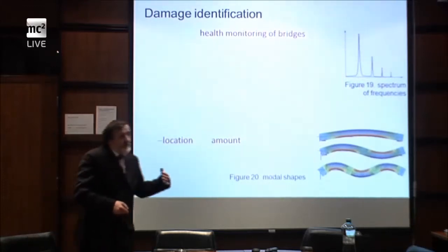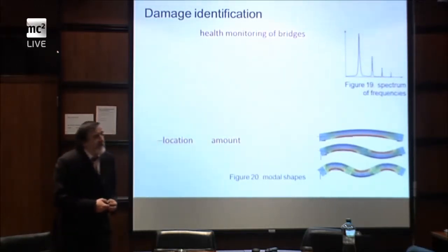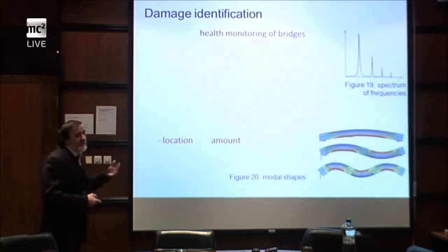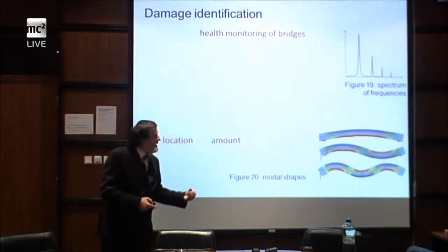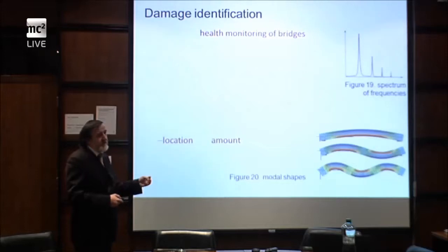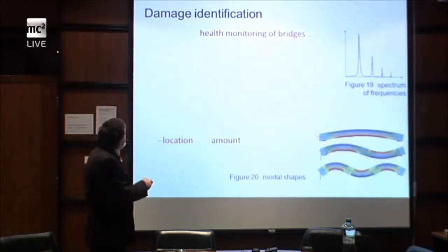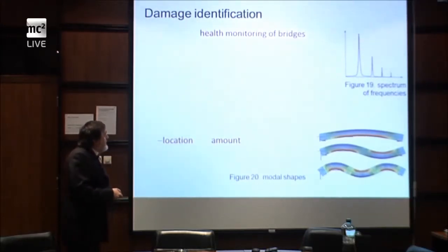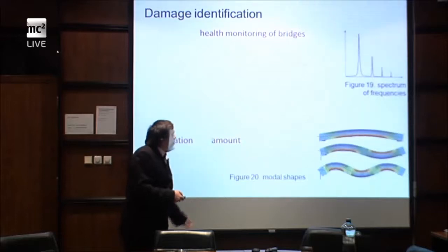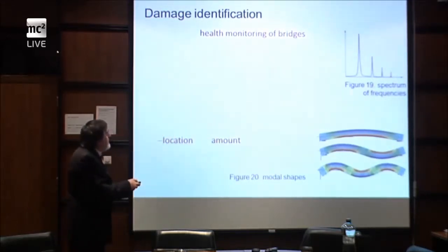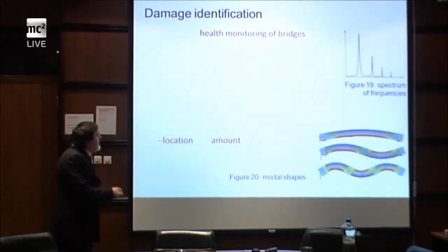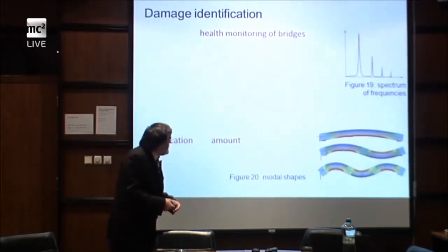At some point of working with artificial neural networks, we realized that the whole methodology can actually be used for damage identification. Why? Because this is very often part of the health monitoring of bridges, and in dynamic testing we are working with eigenvalues and eigenfrequencies. These are dynamic measures which can be used.